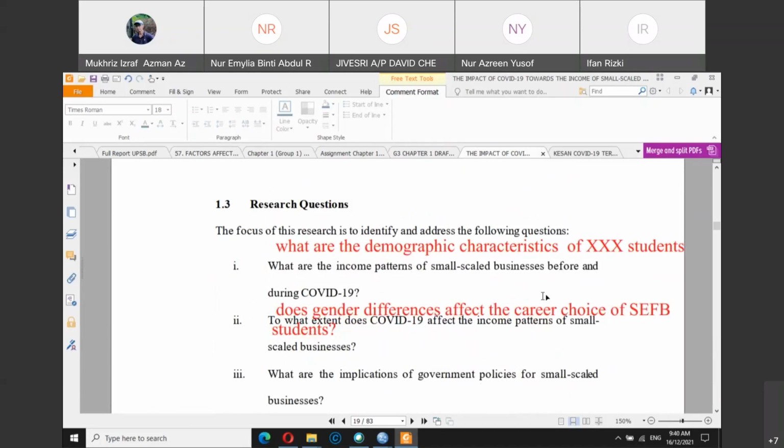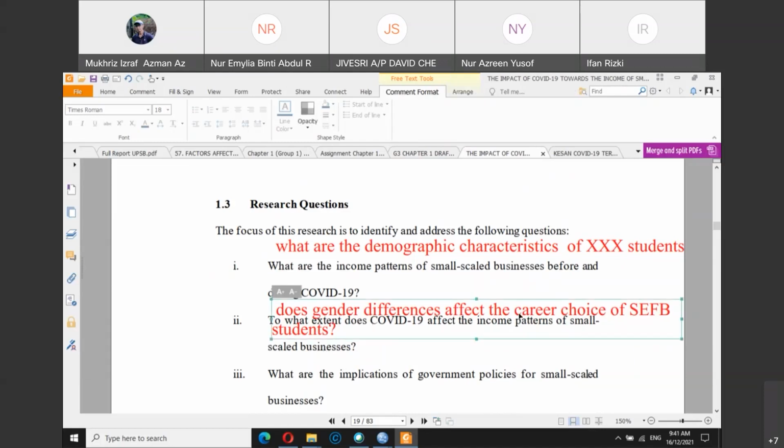So let's say your study is about intention to purchase halal food, the factors that affect your decision to buy halal foods. Let's say there are 3 main factors that affect your decision. You can divide the analysis of those 3 factors based on gender. So this is what I mean here.